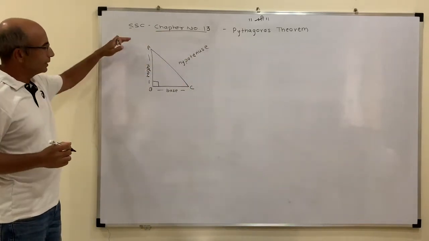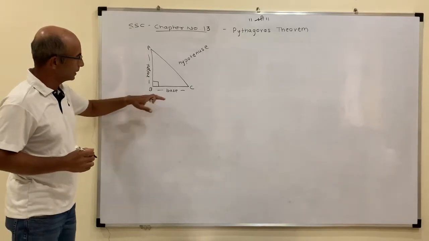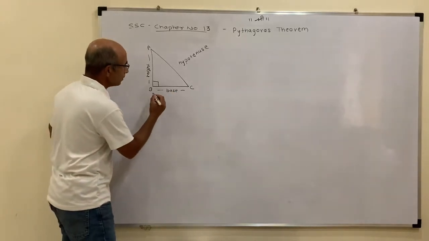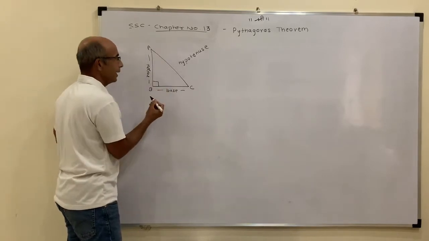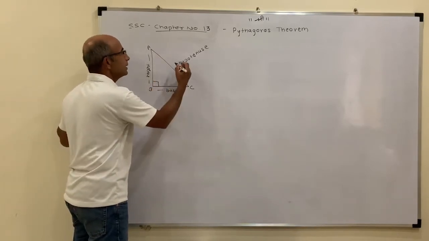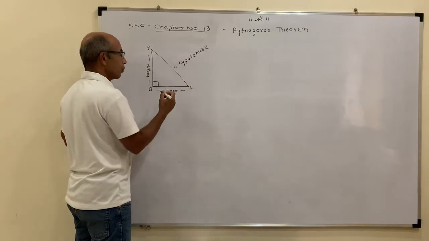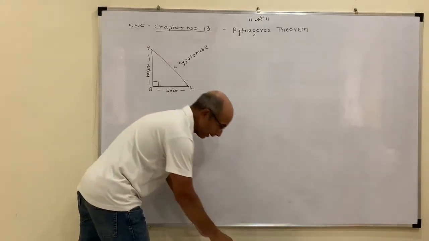So this is my triangle ABC, where length BC is the base, AB is the height, and AC is the hypotenuse of this right angle triangle.